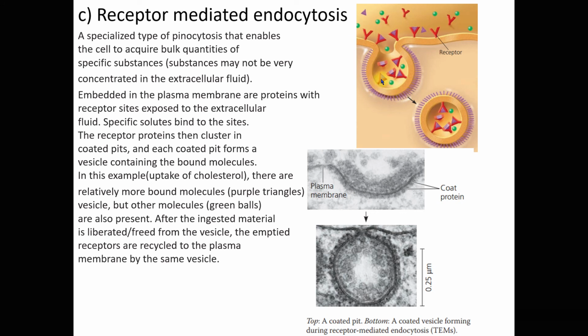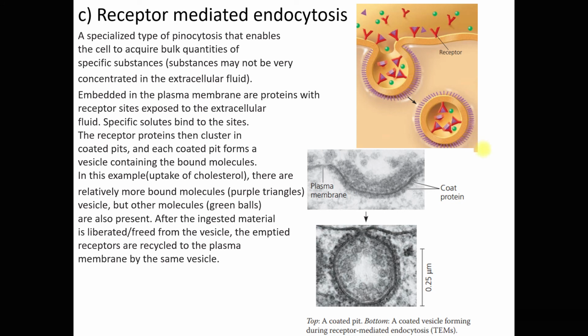So in this example is the uptake of cholesterol, right? There are relatively more bound molecules in the vesicle, but other molecules, the green ones, are also present. The main molecules taken in by this endocytosis are the purple ones, which is the cholesterol.